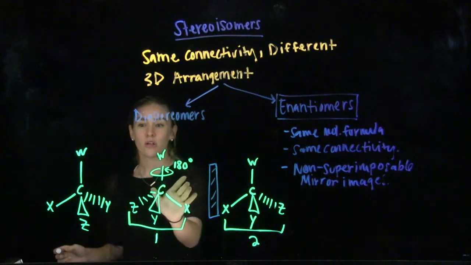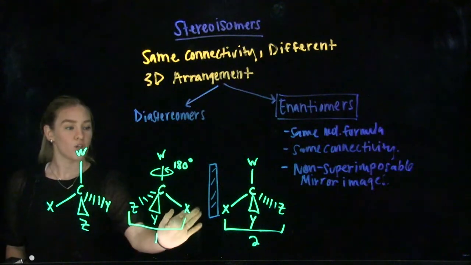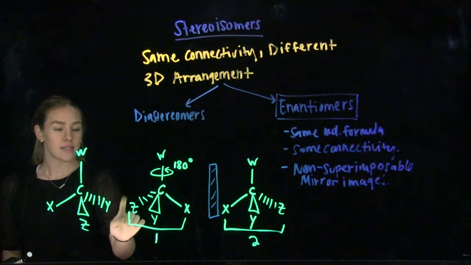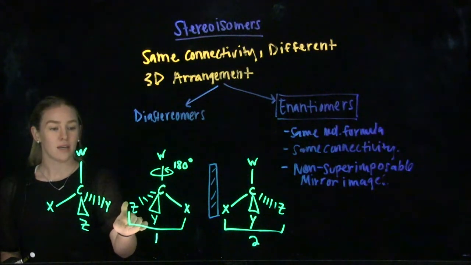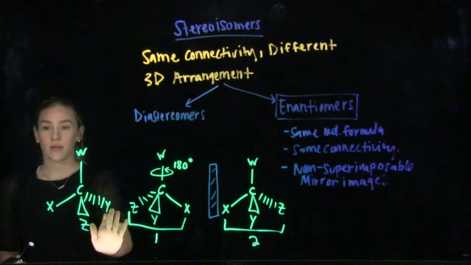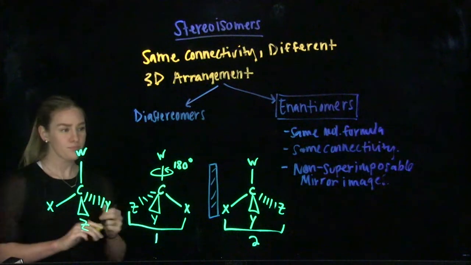So if we take molecule number 1 and rotate it 180 degrees, you would get your X being on the opposite side. You would get your Z, which was behind the plane, being in front of the plane, and your Y, which was in front of the plane, being behind the plane.